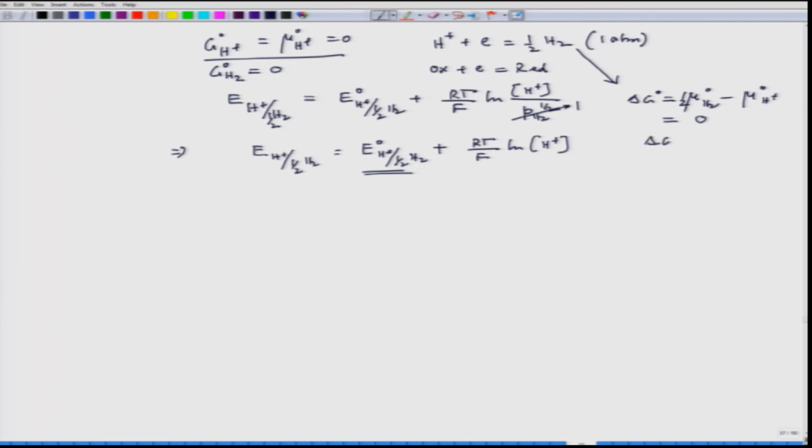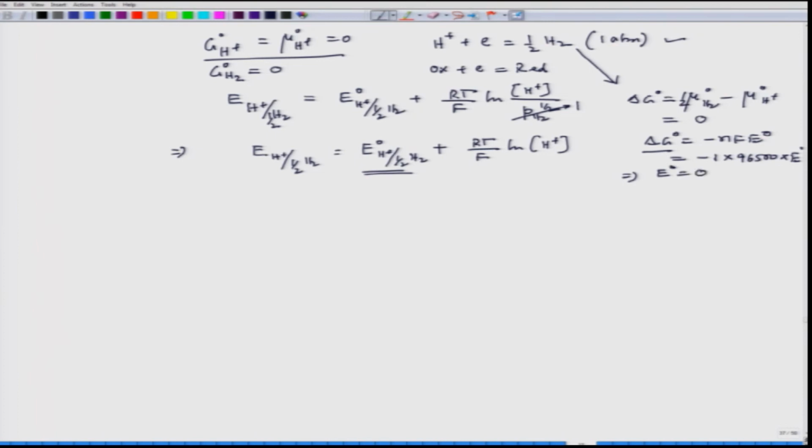Now, delta G0 equal to minus nF E0, with n equal to 1 for this reaction and F equal to 96500, into E0. So this is 0, and E0 equal to 0.